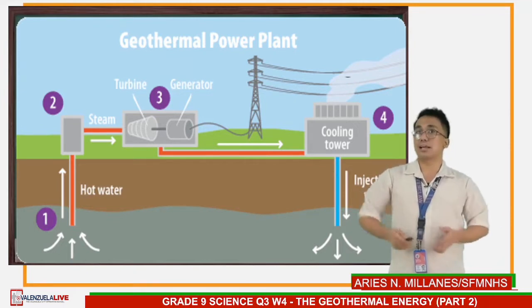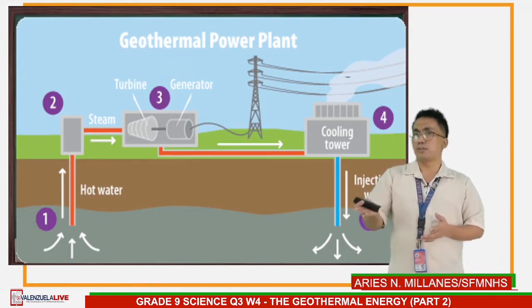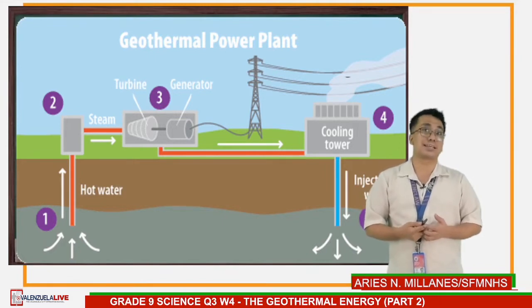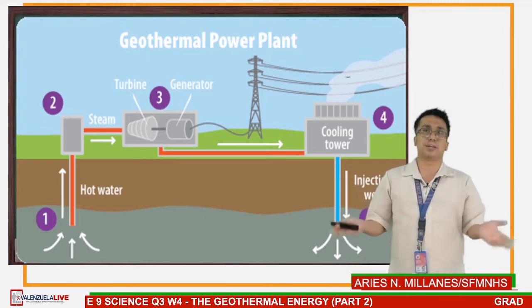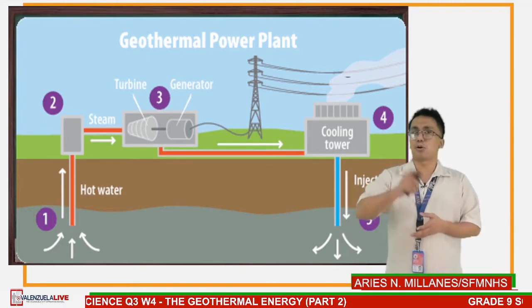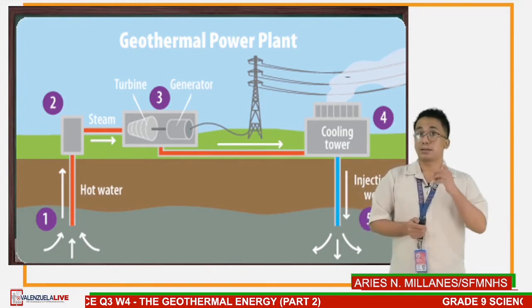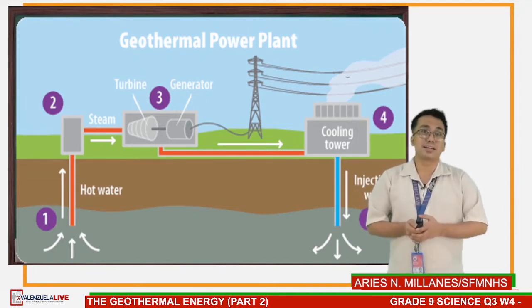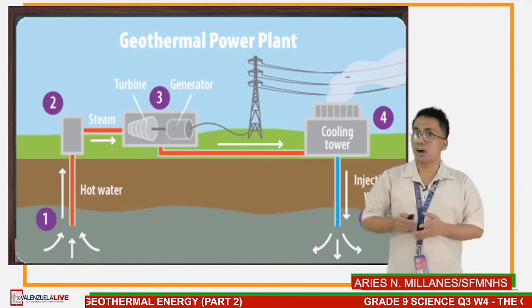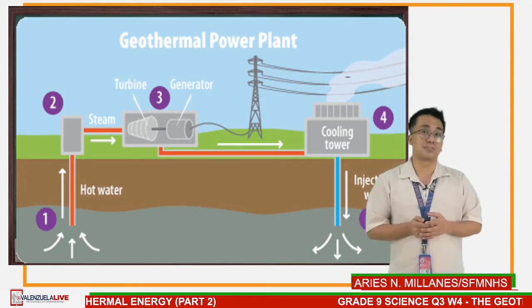You're most likely to find one of these power plants in an area that has a lot of hot springs, geysers, or volcanic activity, because these are the places where the earth is particularly hot just below the surface.